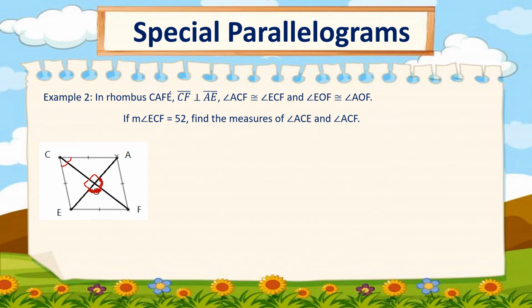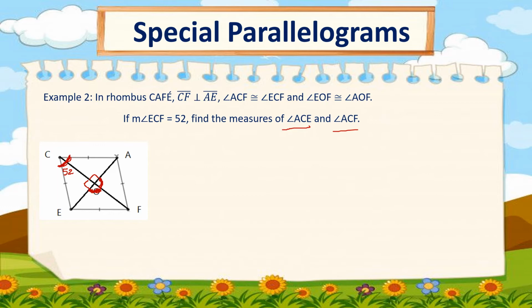Now, if the measure of angle ECF is 52 degrees, so this is 52, the question is, find the measures of angle ACE and angle ACF. ACE, so this entire angle, and then angle ACF. Since this parallelogram is a rhombus, we have learned that the diagonals bisect opposite angles.